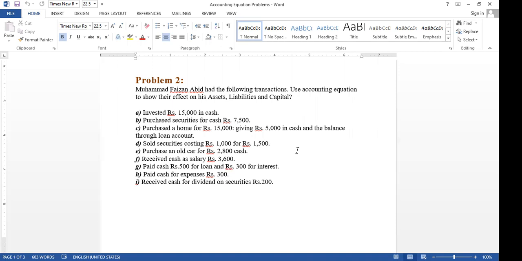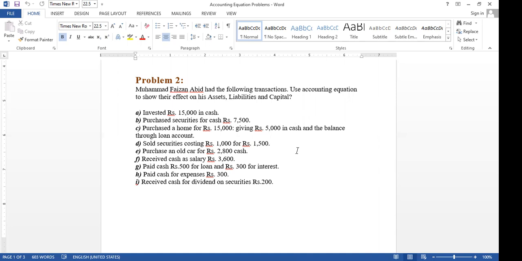A. Invested rupees 50,000 in cash. B. Purchased securities for cash rupees 7,500. C. Purchased a home for 15,000. Given rupees 5,000 in cash, and the balance through the loan account. Take a loan to pay the balance amount. D. Sold securities costing rupees 1,000 for 1,500. Take a profit 500.